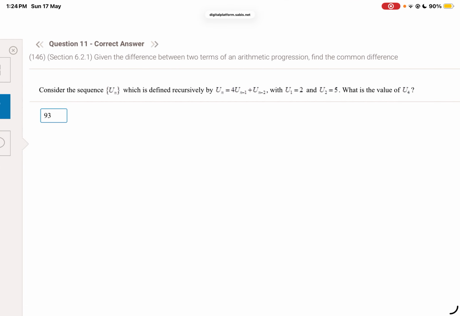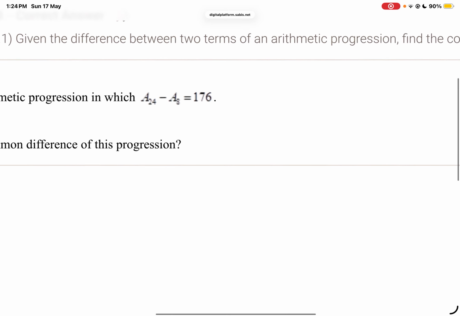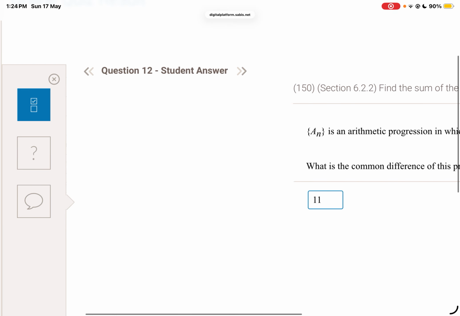Question number 11. The arithmetic and geometric progressions, I'm not going to be solving them because they are very simple. There's no need for me to solve them. Wait, it's loading. Okay, here you just do 24d minus 8d is equal to 176. d will be equal to 11.